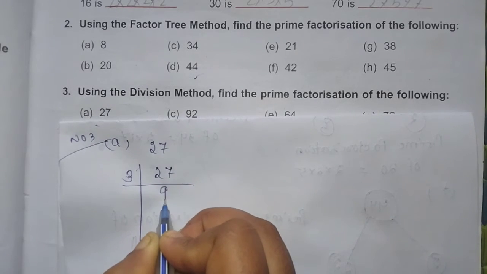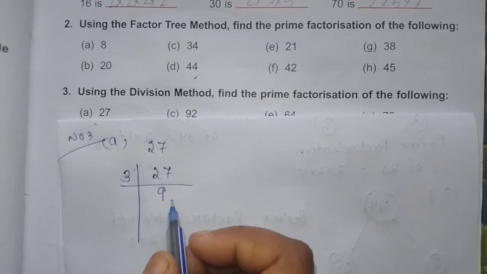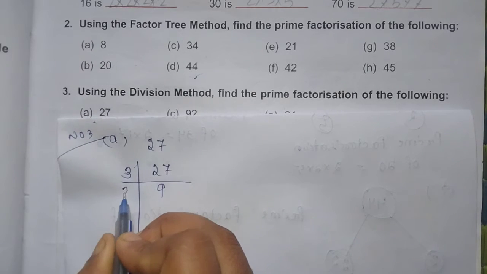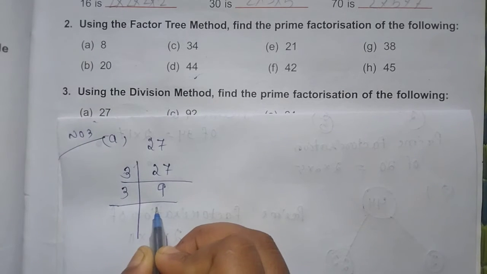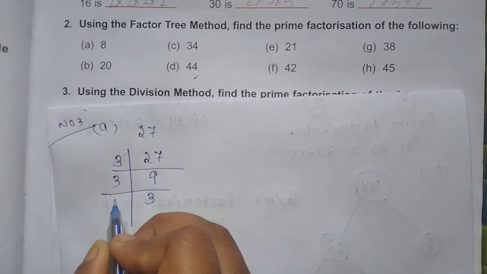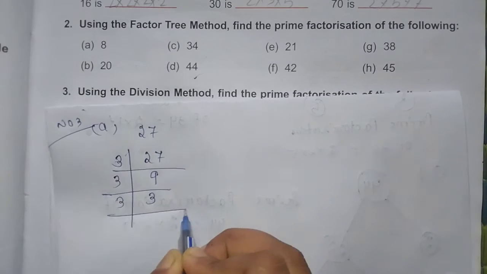3 nines are 27, and we write the quotient 9 below. Then divide 9 by prime number 3. 3 threes are 9, and we write the quotient 3 below. Then divide by the prime number 3. 3 ones are 3.